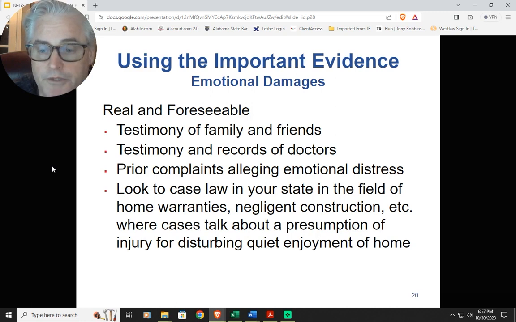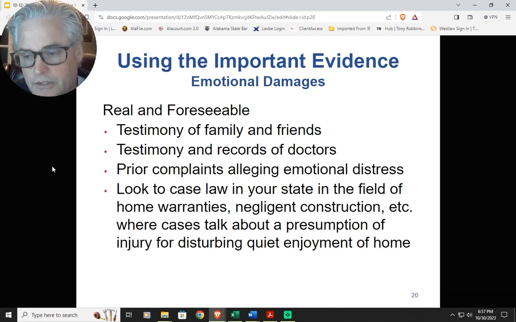If you want to look at your case law about disrupting the quiet enjoyment of a home, back in Alabama, it's called the peaceable possession of a home. Every state's verbiage is slightly different, but you look typically in the field of home warranties, negligent construction, the removal of support that causes the foundation of a home to be jeopardized, lateral support from a neighbor, or flooding because of a neighbor's conduct or actions.